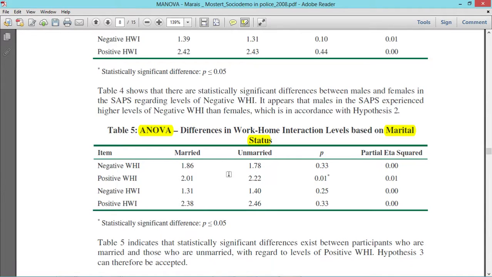Okay, so we're going to look for a significant p-value. Okay, now in which row is that? Okay, there our significant p-value is, and it is within the row of positive work-home interaction. And the subcategories or subgroups of marital status refer to married or unmarried.